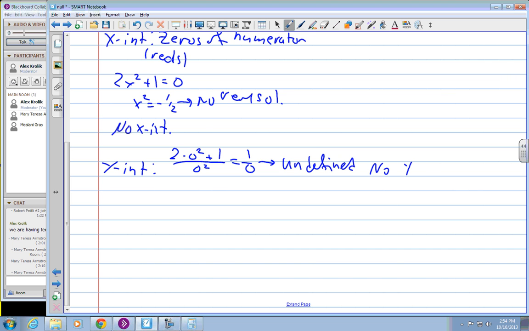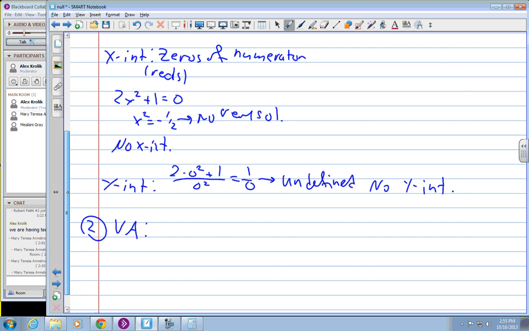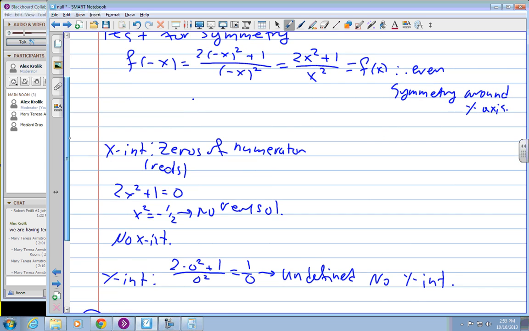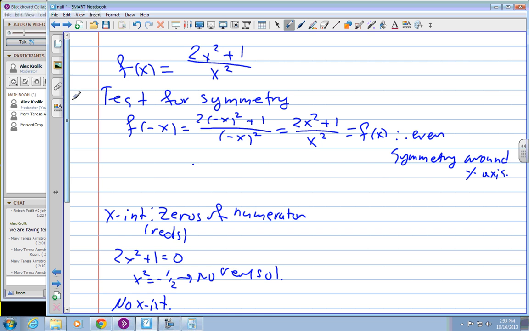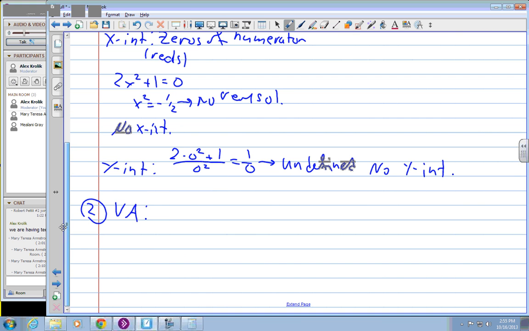So no y-intercepts, right? So no x-intercepts, no y-intercepts. Well, what is the vertical asymptote? What makes the denominator equal 0? 0. So x equals 0 is the vertical asymptote.